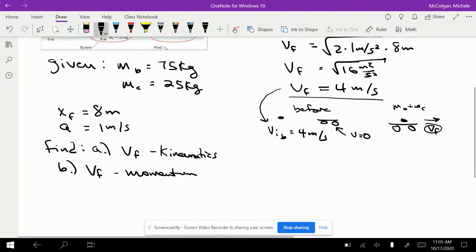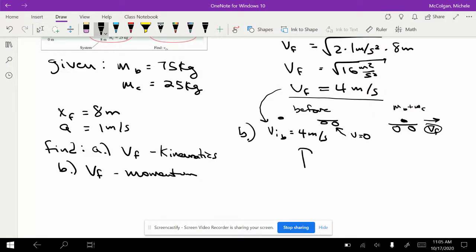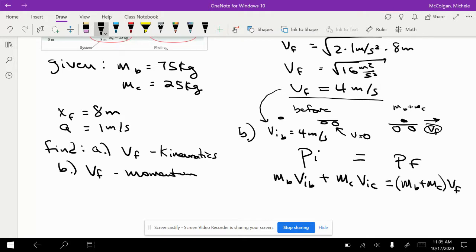So let's write our momentum equation for part B. Our momentum equation is just P initial equals P final. I can write that from my picture. I have the mass of Bob times the v initial of Bob, plus the mass of the cart times the v initial of the cart, is equal to, afterwards they're together, the mass of Bob plus the mass of the cart times v final, because they're both moving together.